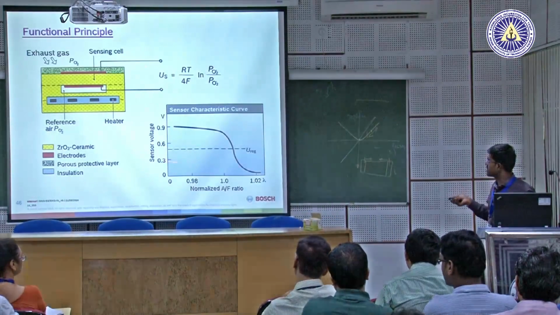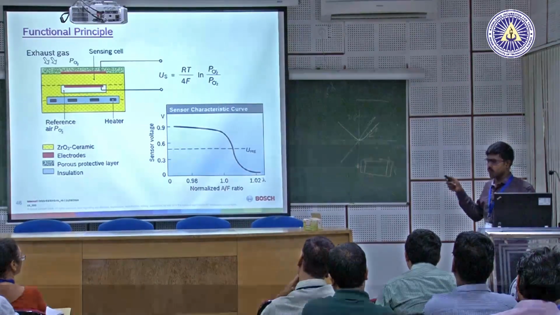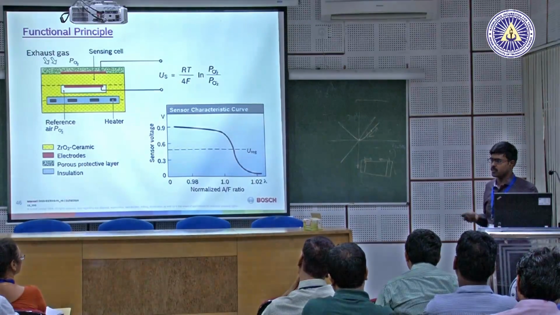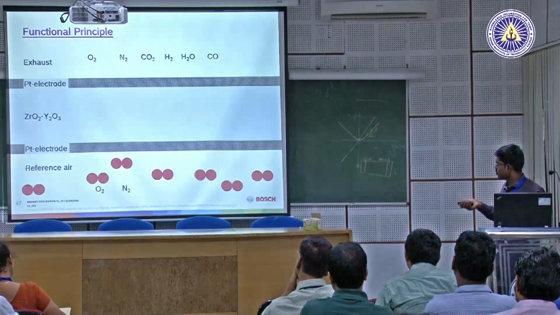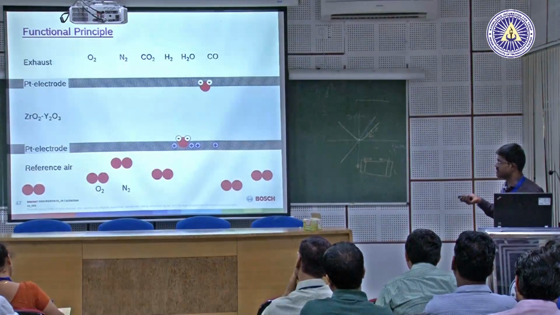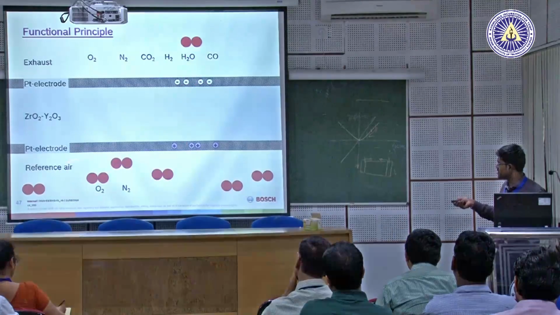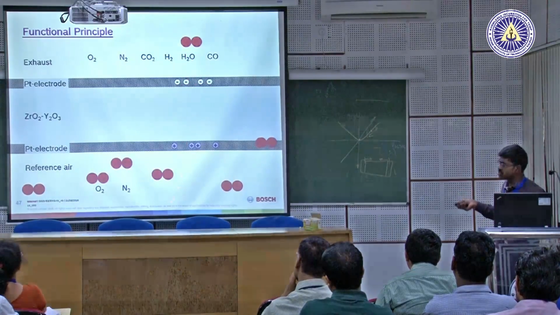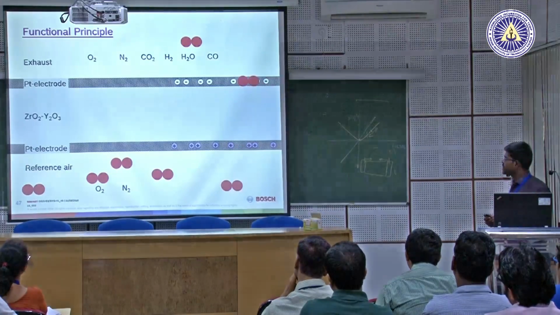It is mainly used in gasoline engines, because gasoline engines run at lambda equal to 1, the stoichiometric ratio. The phenomenon happens at that 450 degrees centigrade: the ions start moving from the reference air electrode to the other because of the difference in partial pressure.